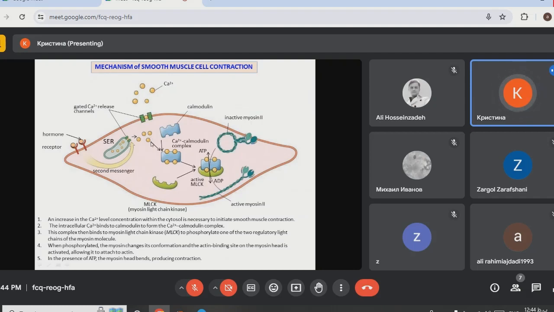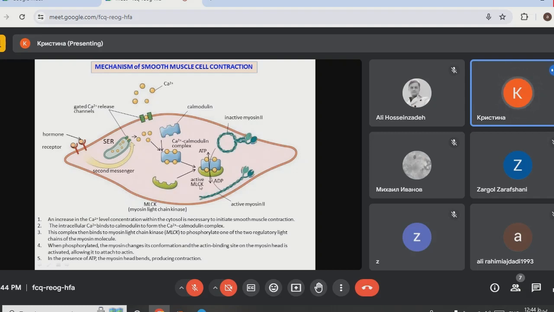This calcium next goes to a specific molecule which is called calmodulin. So calcium attaches to the calmodulin molecule. Then this calcium-calmodulin complex attaches to the molecule which is called myosin light chain kinase.